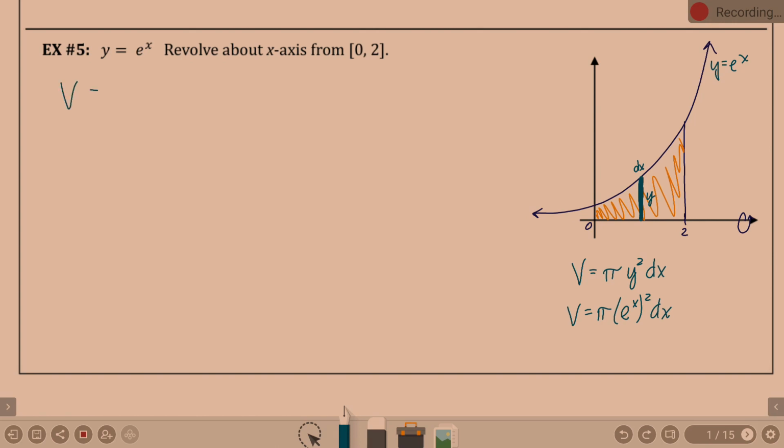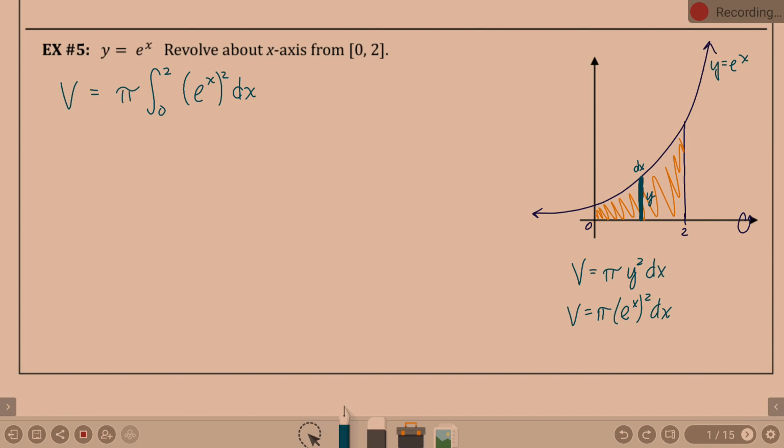Okay, volume equals. What do you guys want to do? Pi times the integral from 0 to 2 of e to the x squared dx. Now, this is important here, guys.